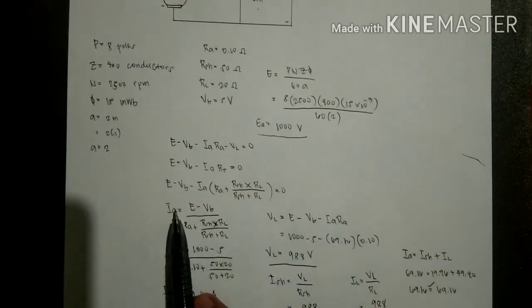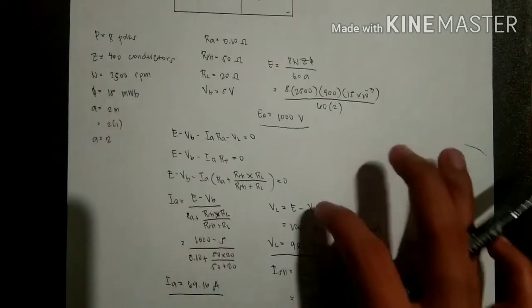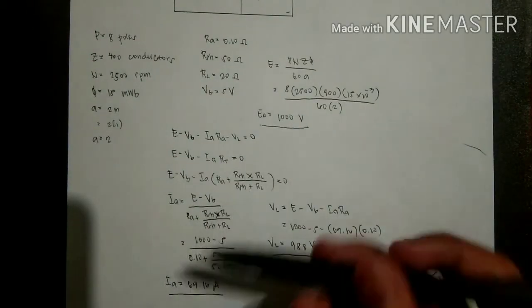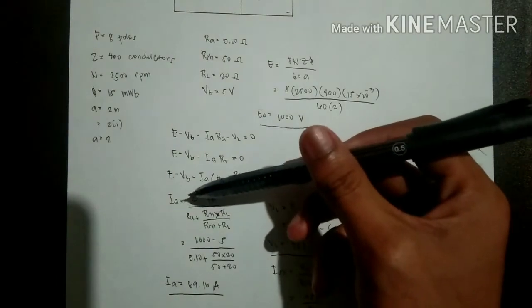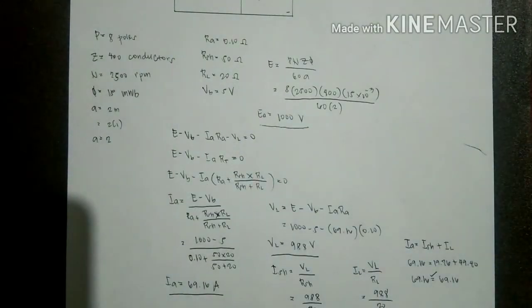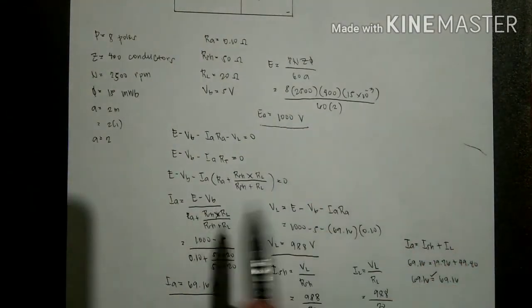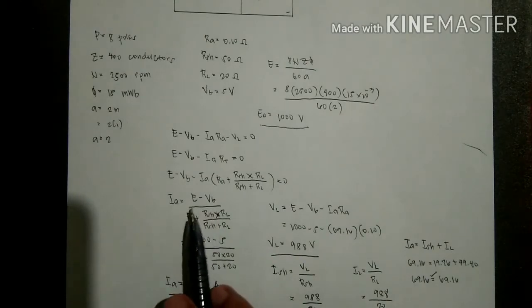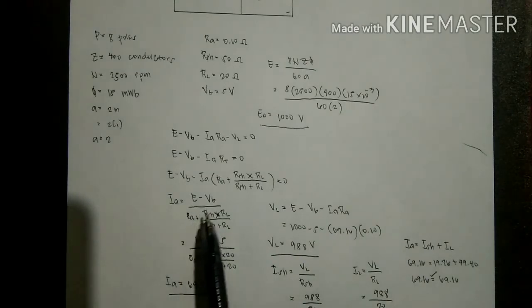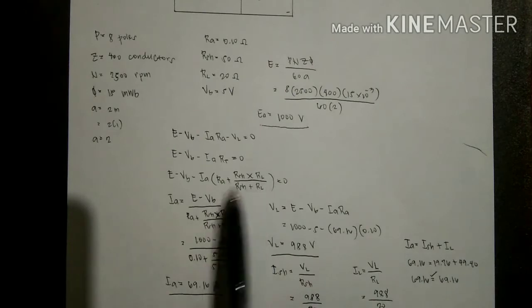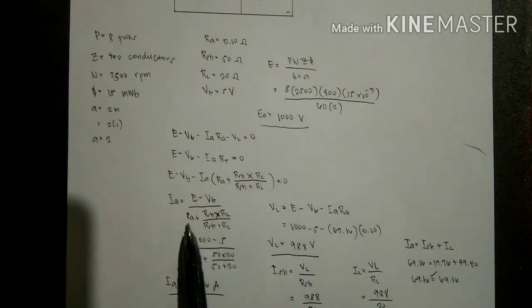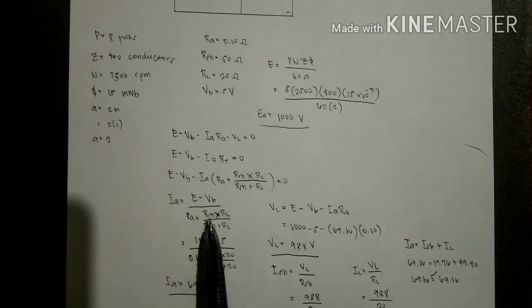After manipulating the equation, we can now find the value of IA. IA is equal to generated EMF minus brush drop over R total, so RA plus shunt resistance times RL over shunt resistance plus load resistance.